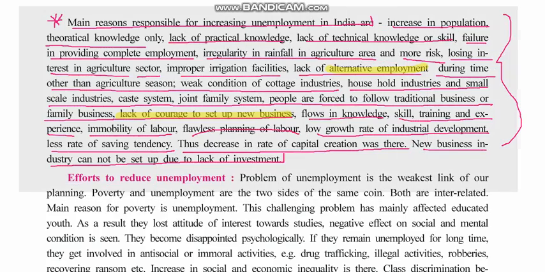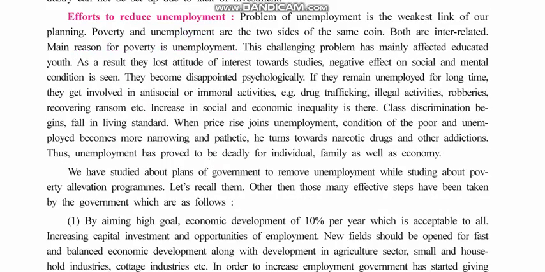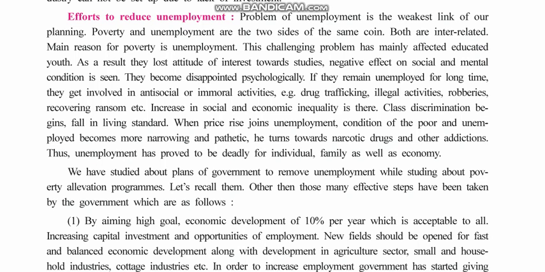Now we are going to see the efforts to reduce unemployment. What kind of effort has the government made to reduce unemployment in India? The problem of unemployment is the weakest link in our planning. Poverty and unemployment are two sides of the same coin, so they are connected.